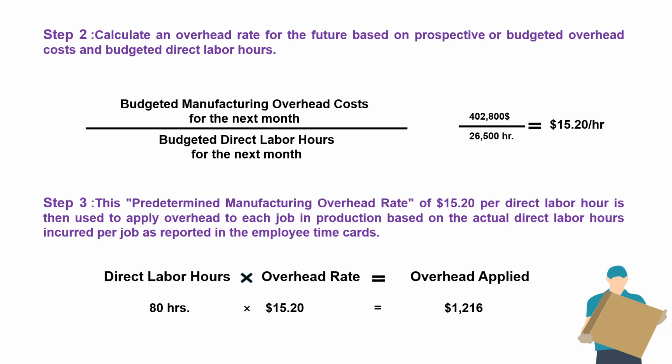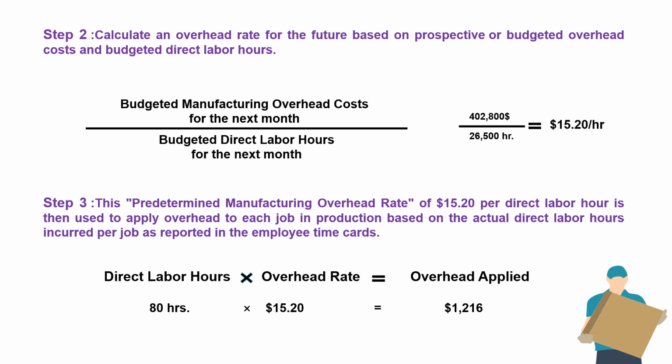We've calculated the predetermined manufacturing overhead rate for furniture at about $15.20 per direct labor hour. We will then use this rate to apply overhead to each job in production based on the actual direct labor hours incurred per that job as reported in the employee's time card.